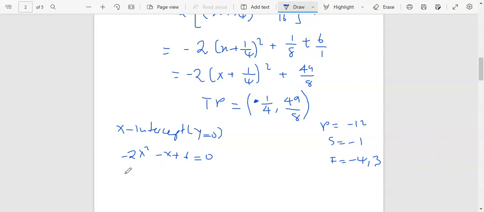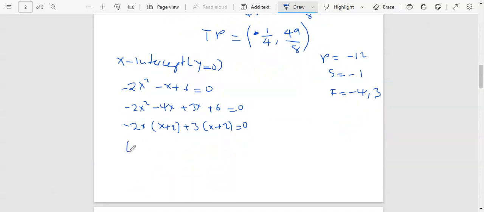So this is going to be negative 2x squared minus 4x plus 3x plus 6 equal to 0. Meaning that negative 2x, open brackets, x plus 2, and then for this one we're going to factorize out 3, x plus 2 equal to 0.